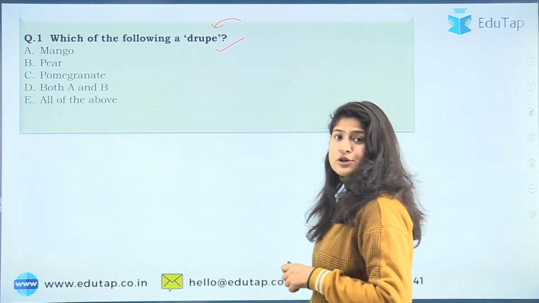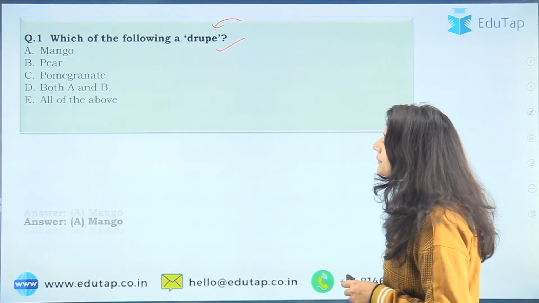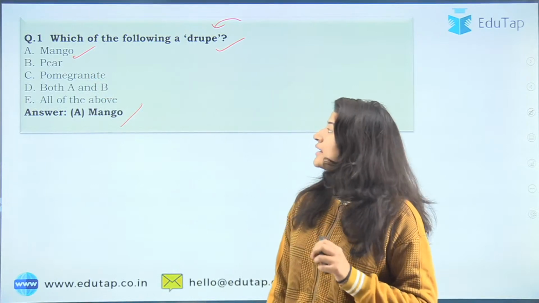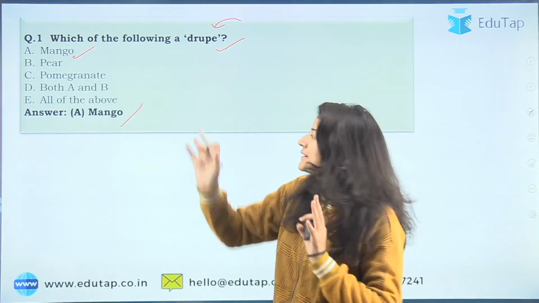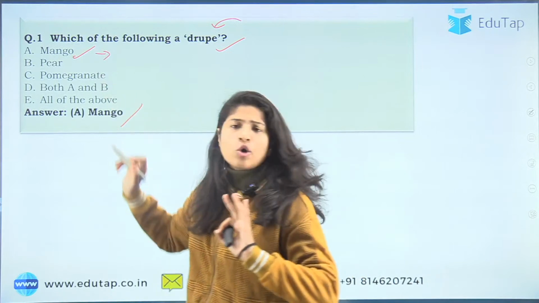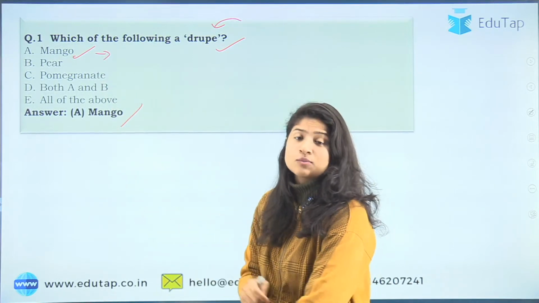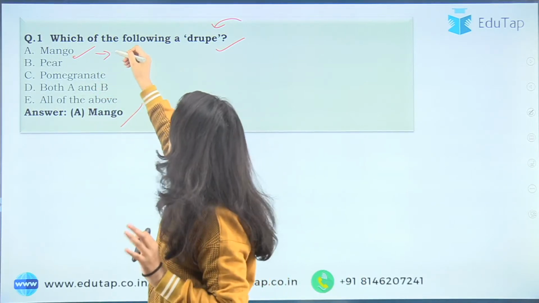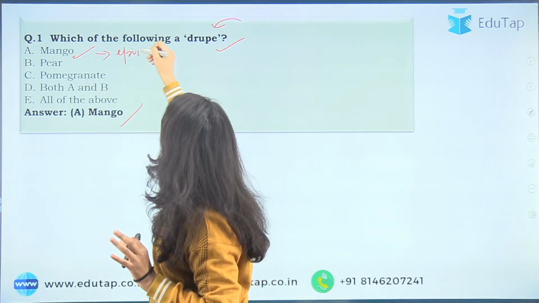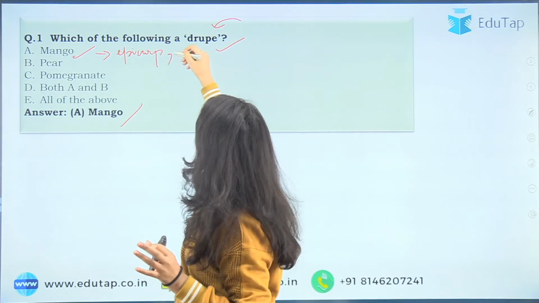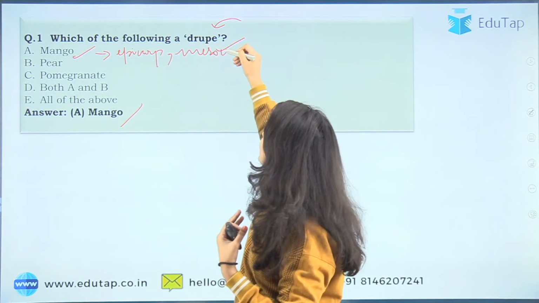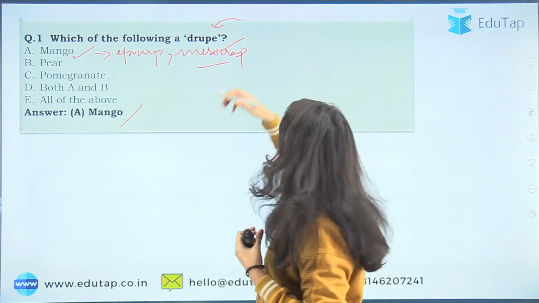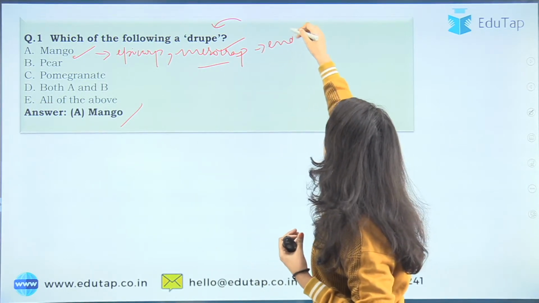So see the correct answer over here. It is option number 1, that is mango. So mango is known as a drupe. Try to understand: you don't have to go too deep because that is not asked in your objective questions. But in the case of mango, we have the epicarp, then the fleshy mesocarp, which is the fleshy part that you eat, and then the hard endocarp.